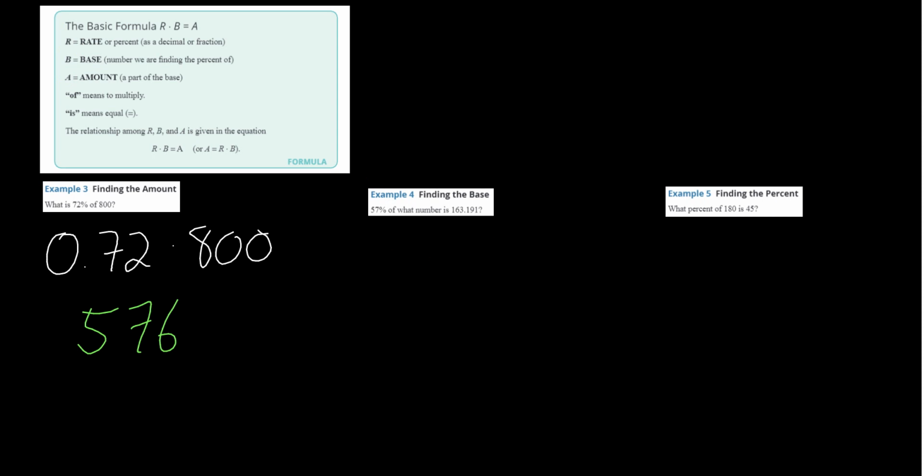So I'm going to do 163.191 divided by, with the same procedure, the 57% in decimal form, which is 0.57. 163.191 divided by 0.57 is 286.3.